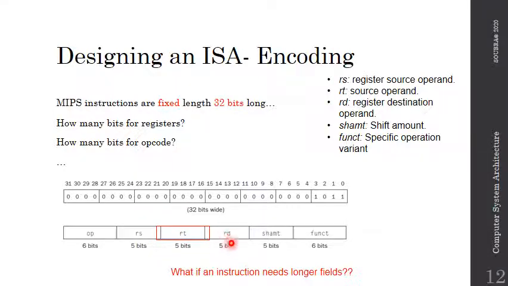Another 5 bits to specify the destination register. Here I have a field called OP. Most probably OP stands for operation, right? This particular code is called the opcode, and apparently we have 6 bits.